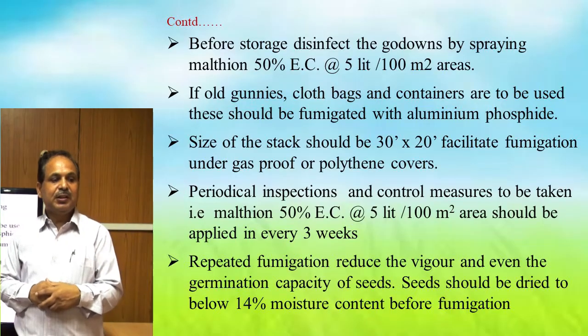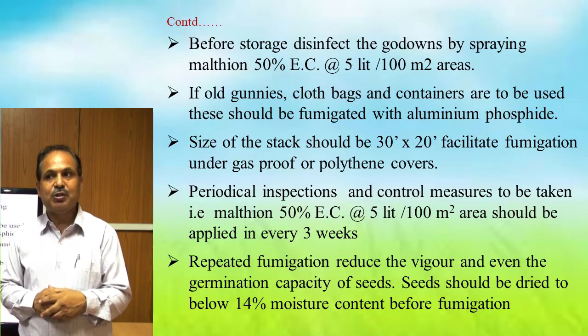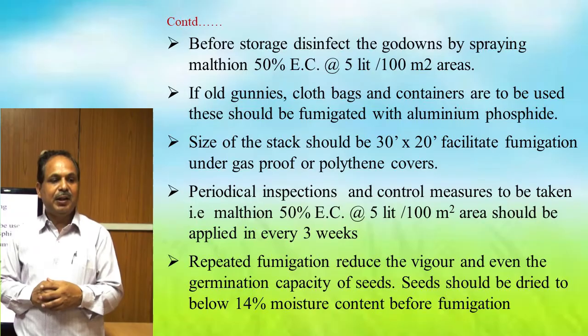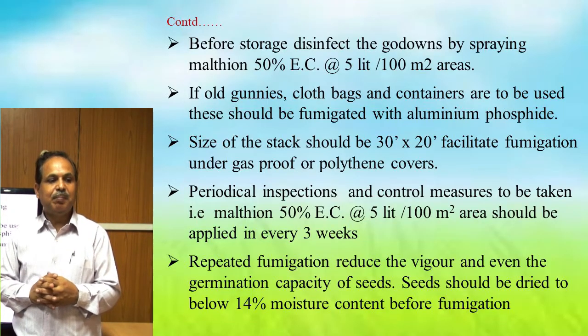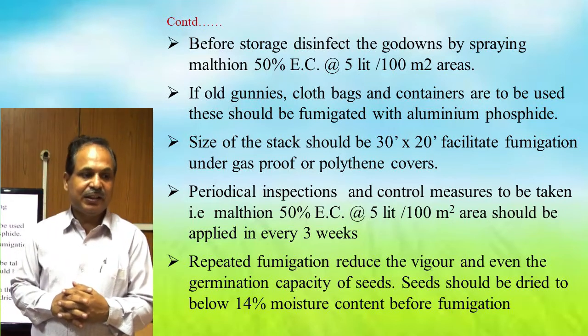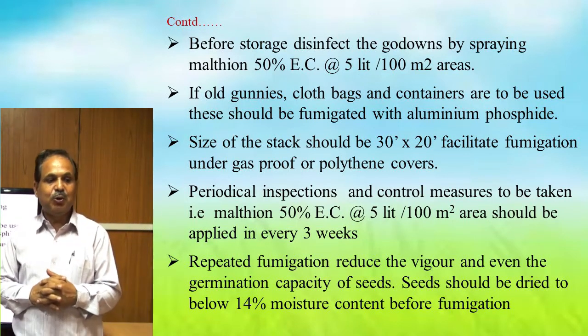Before storage, disinfect the godowns by spraying malathion 50% EC at the rate of 5 liters per 100 square meters. This is the dose of malathion spraying.